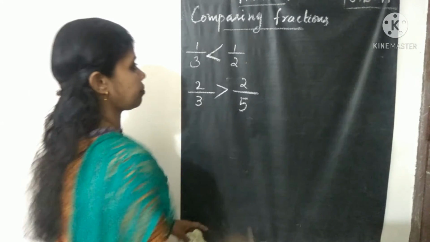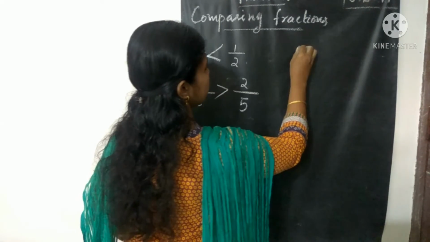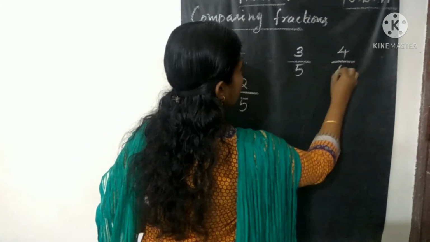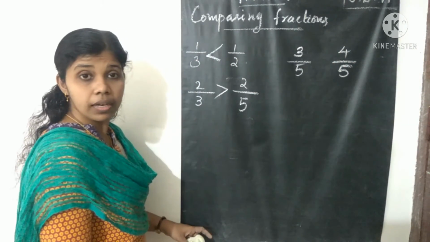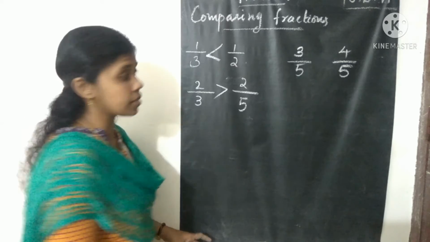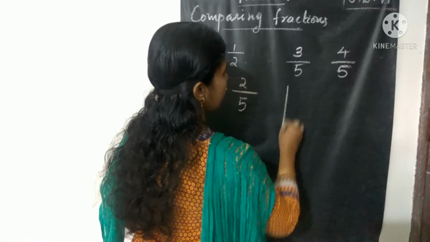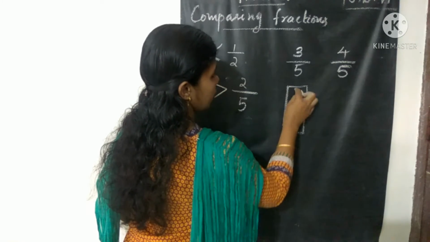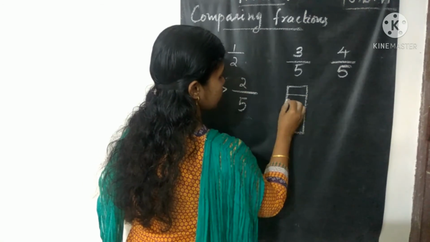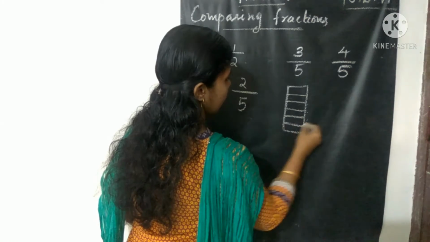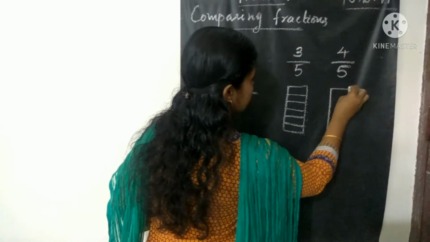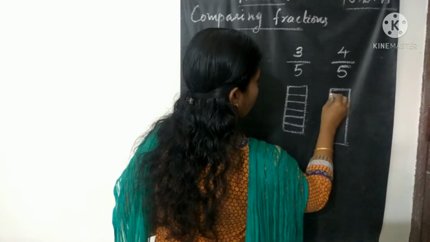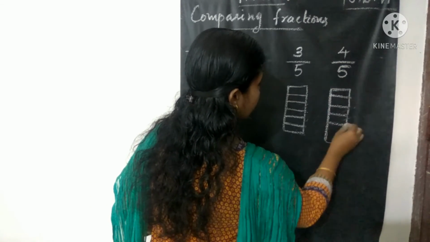Then the next one. Here the denominators are the same, but the numerators are different. This fraction is divided into 1, 2, 3, 4, 5. This fraction is also divided into 5 equal parts: 1, 2, 3, 4, 5.